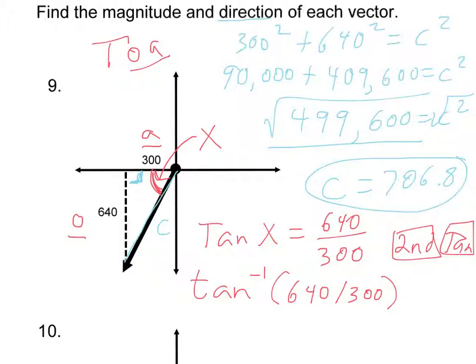We end up with 64.88, which would round up to 65 degrees. So is that my answer, 65 degrees? No, remember, 65 degrees, that would be south of west.